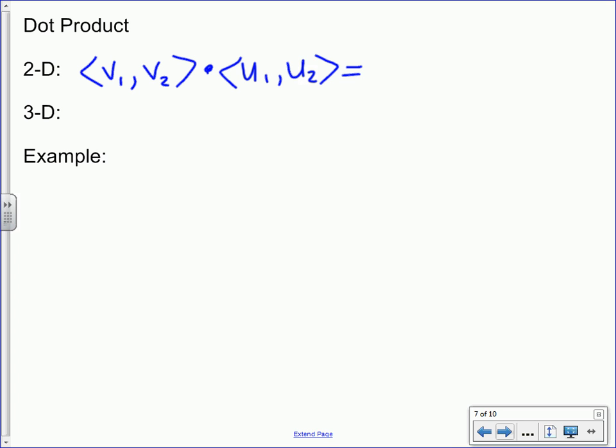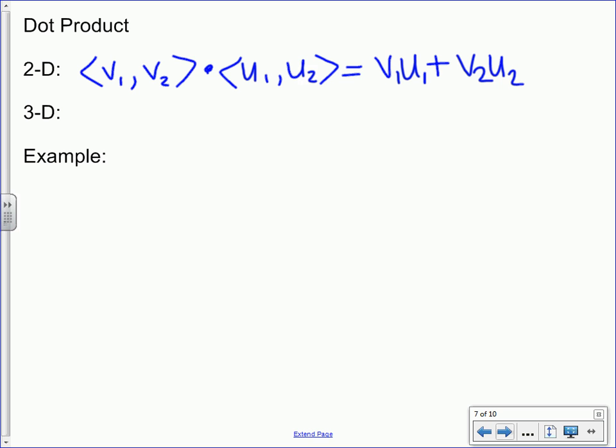We add it, but not yet. We have to multiply the components and add them together. So v1 times u1 plus v2 times u2. Multiply the x's, multiply the y's, and add those two products together.